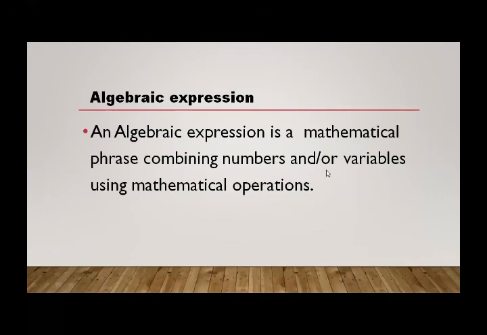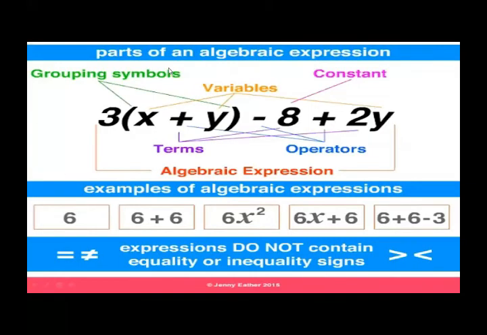Then algebraic expressions. An algebraic expression is a mathematical phrase combining numbers and/or variables using mathematical operations. Then we learned about parts of an algebraic expression: what is meant by variable, constant, terms, operators, and some other important examples of algebraic expressions.